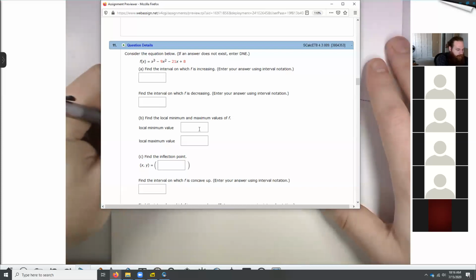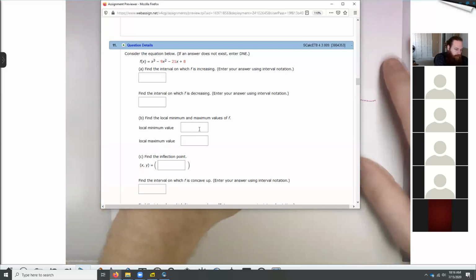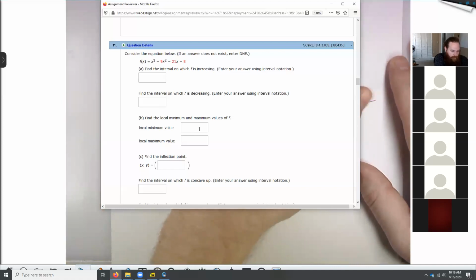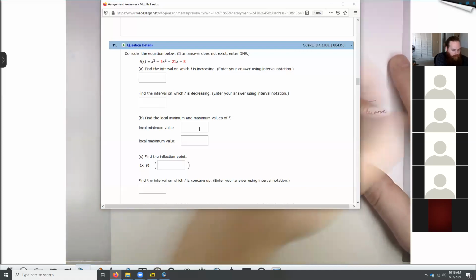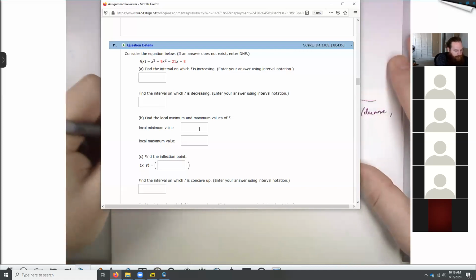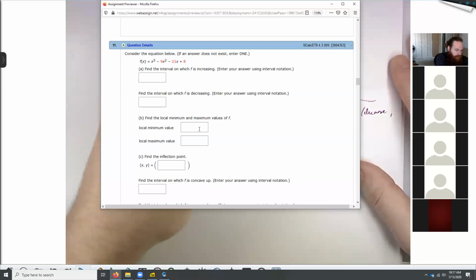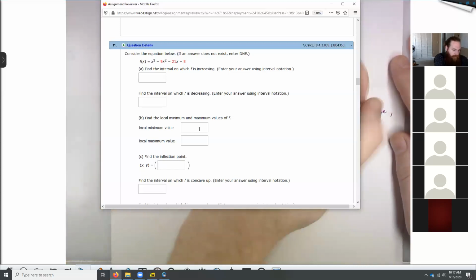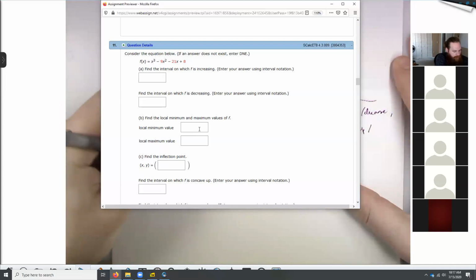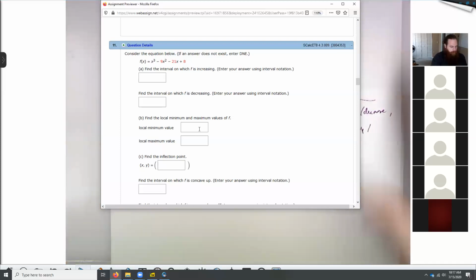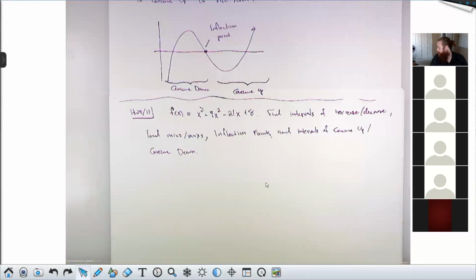And we want to find intervals of increase and decrease, local mins, local maxes, inflection points, and intervals of concave up, concave down. Okay, so we want to find all these things.